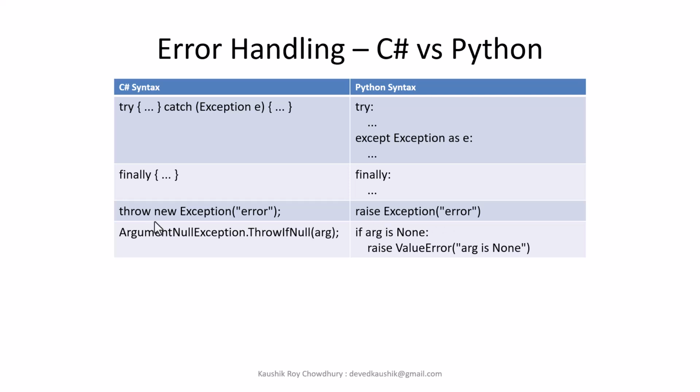Here it is throw new exception. Python also encourages checking for None and raising exceptions explicitly, which matches the intent of throwing if null in C#. So if argument is None, it raises ValueError, argument is None.